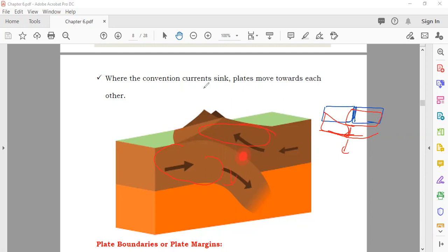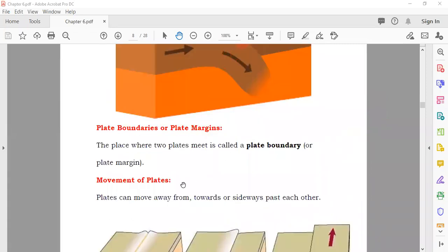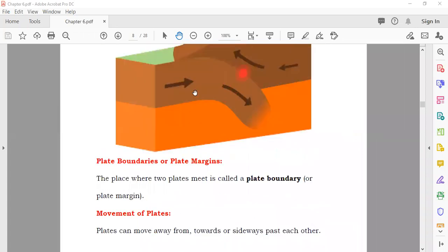So where the convection current sinks, meaning this hot liquid goes a little bit down, the plates move towards each other. One plate goes down like this and the other plate comes over it like this. So this is another type of boundary, and this boundary is known as plate margin, this one.